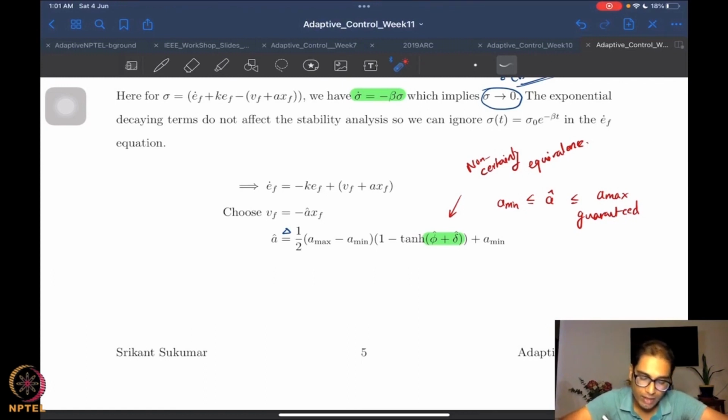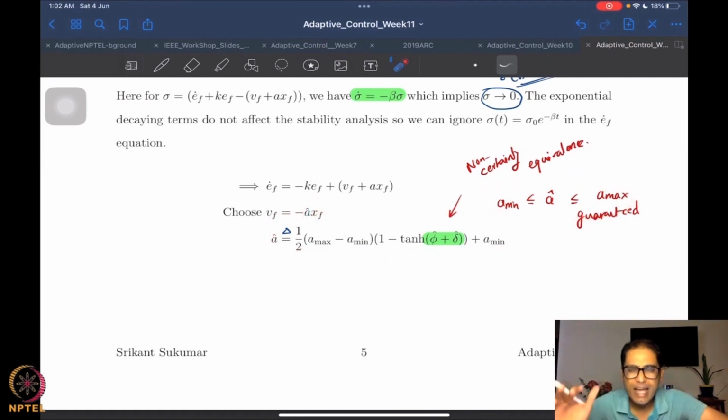Although we're going to try to update phi hat, that is, whatever is inside, in all of real numbers, so there's no bound on that, what we want to do is create a bound on A hat, and we do have it. Whatever be phi hat and delta hat, which you will specify subsequently, your estimate A hat given by this formula, which is what actually shows up in the control, is bounded.